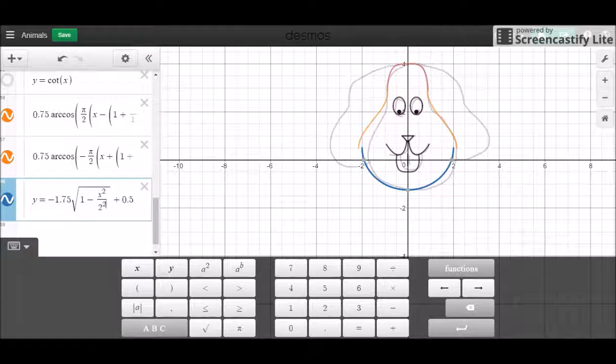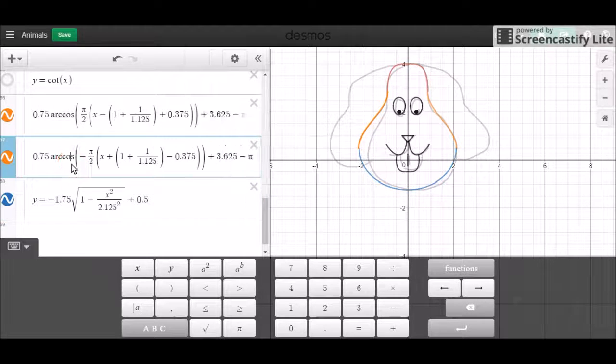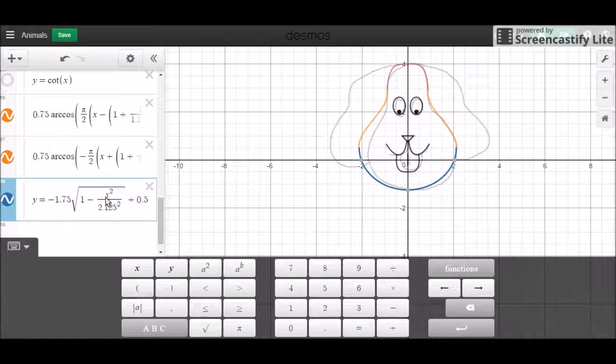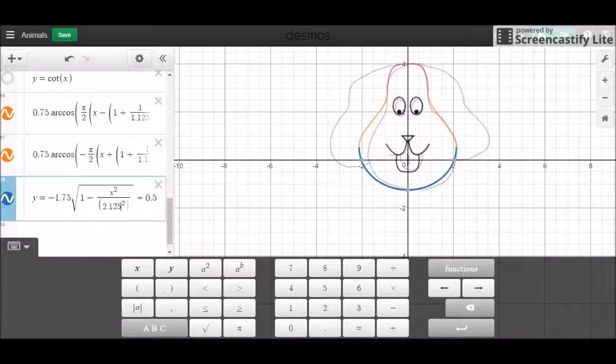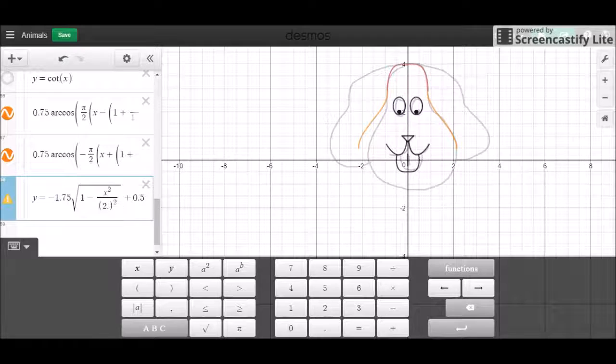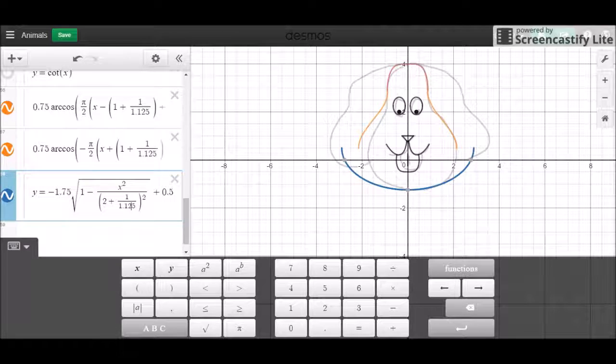I'm going to stretch it out such that it's going to get to this point. Okay, I want to try something here. 2, but I'm going to add 1 over 0.125.